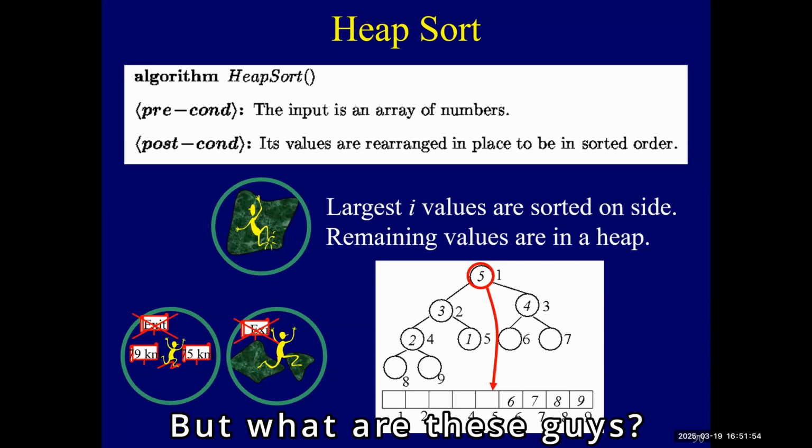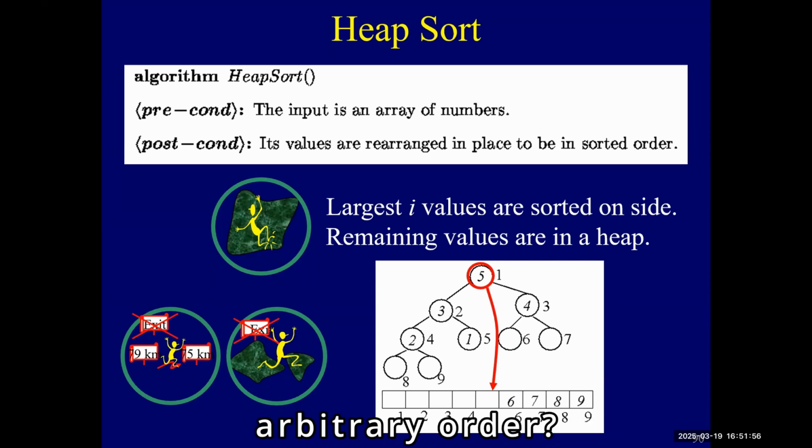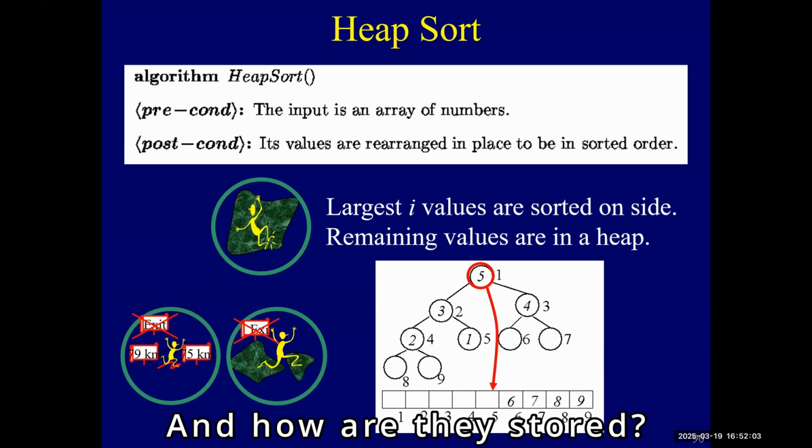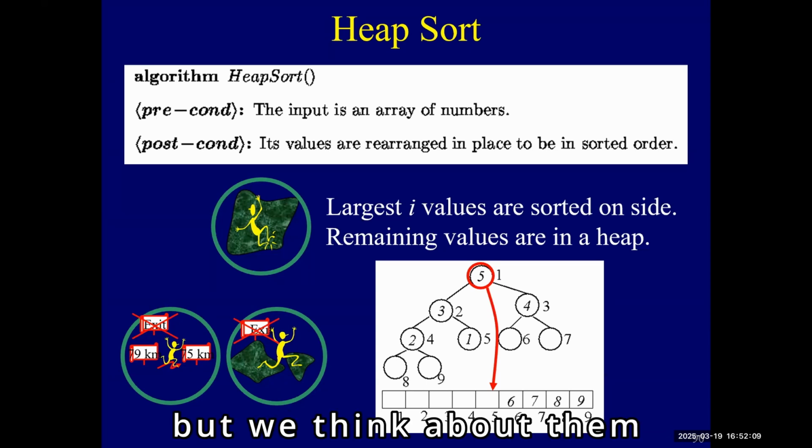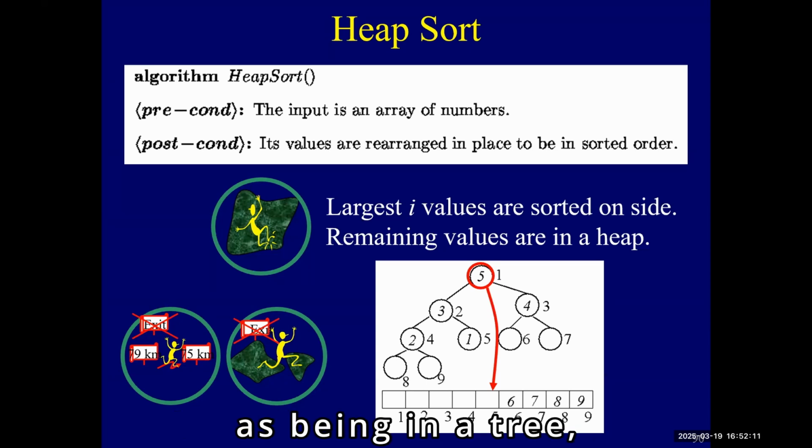But what are these guys? Are they in an arbitrary order? No, they're a heap, right? And how are they stored? Well, this is a little array. They're actually in this array, but we think about them as being in a tree. That's a heap, right? So these guys are actually in the array where they belong. And these guys we think about them being in this tree, right?